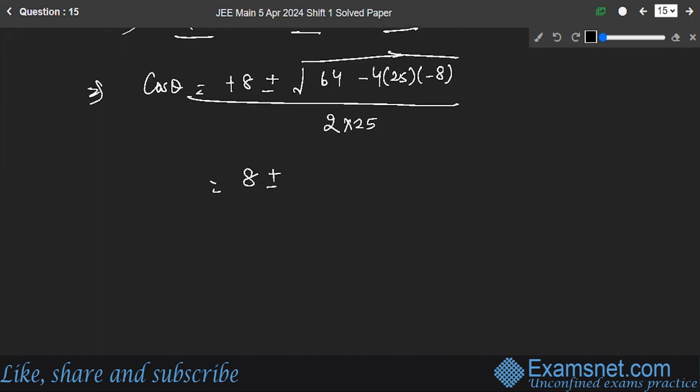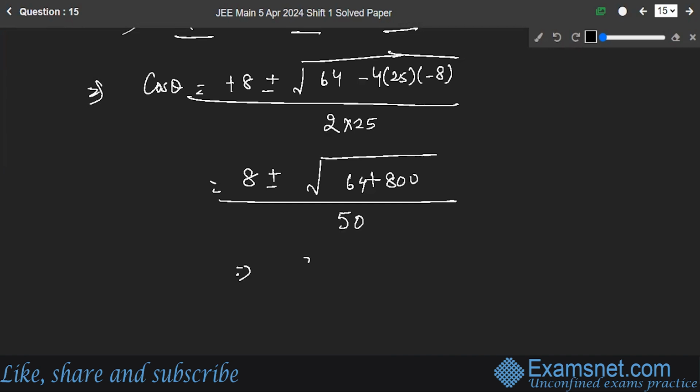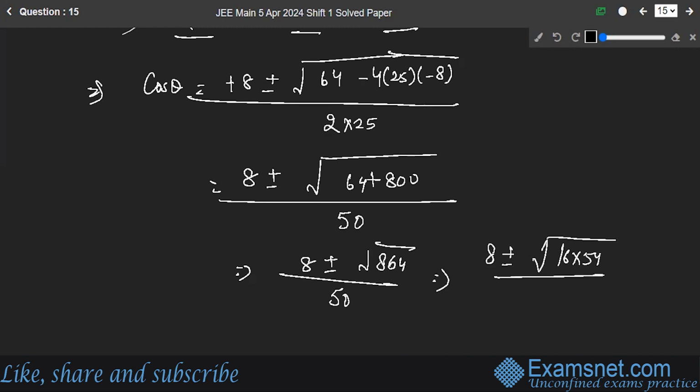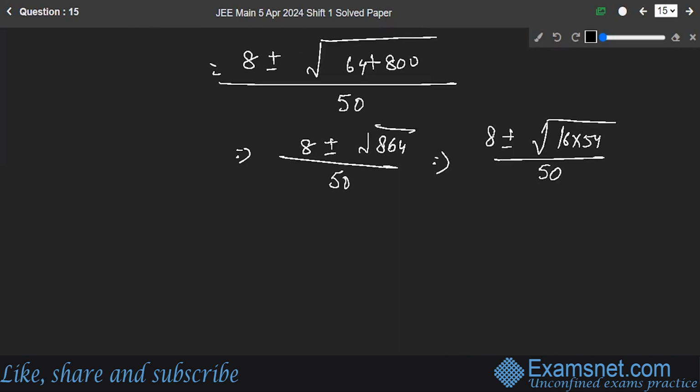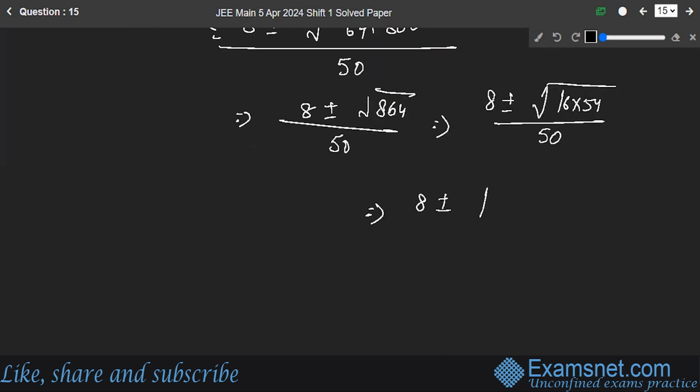You have 8 plus minus root of 64 plus, this is 800, upon 50, or 8 plus minus, this is 16 into 54 upon 50, which is 8 plus minus 4 root 54 upon 50.